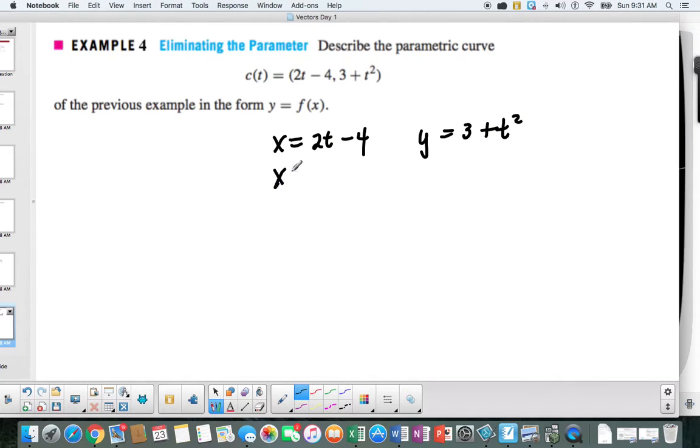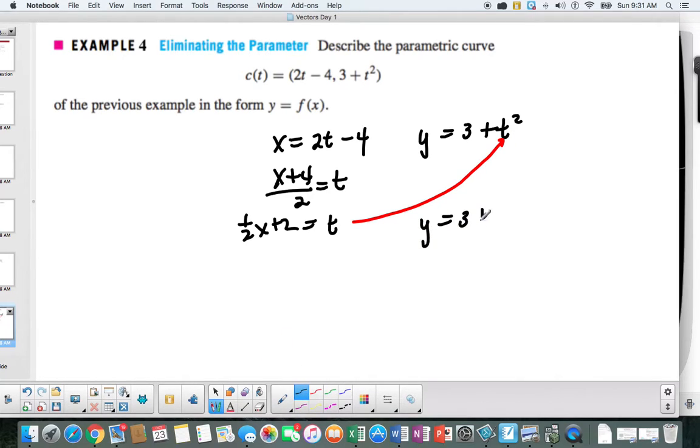This is going to be x plus 4 divided by 2 is equal to t, or I can say 1/2 x plus 2, and then I'm going to substitute that right in here. So y is equal to 3 plus 1/2 x plus 2, squared.